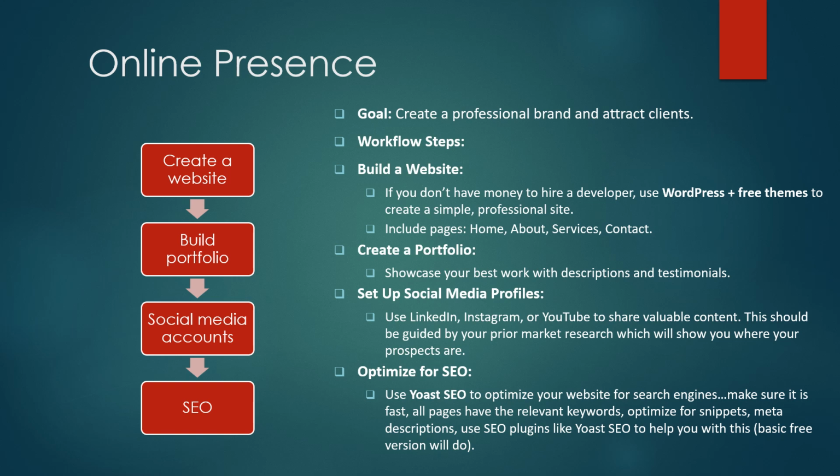So make sure that all the pages have relevant keywords, either long tail or short tail keywords. And here you're going to optimize for snippets and meta descriptions, using a plugin like Yoast SEO, Rank Math, or Monster Insights. They are going to give you the basic requirements and fields for meta descriptions and snippets.